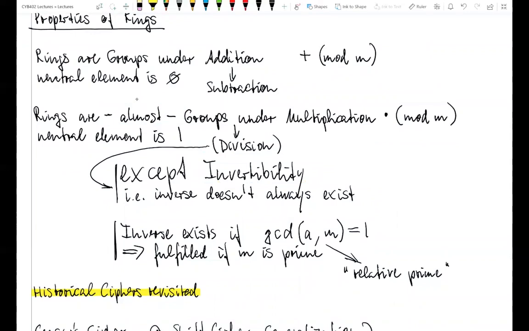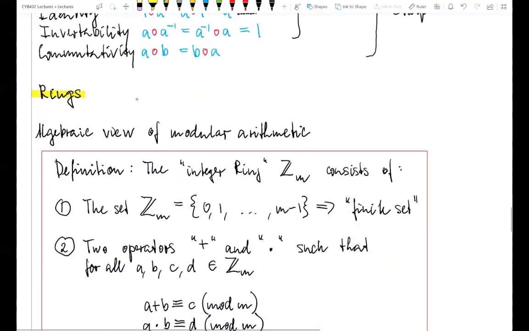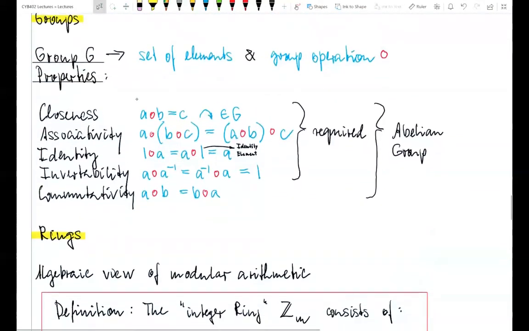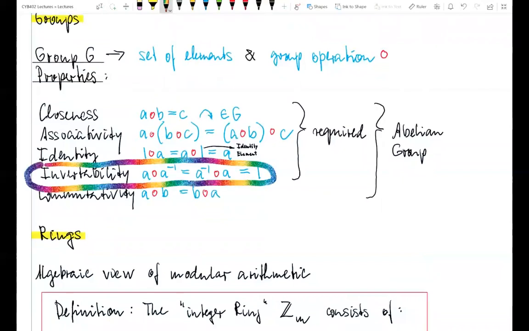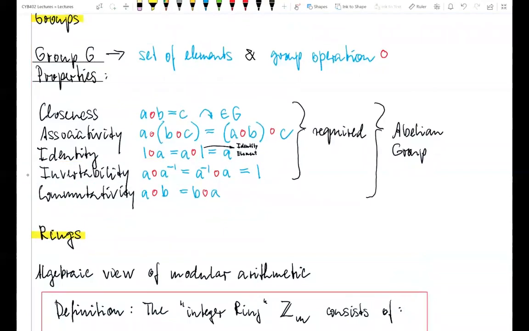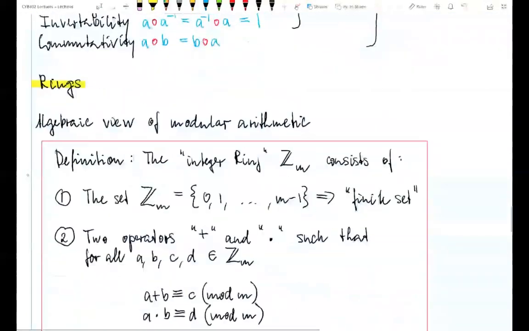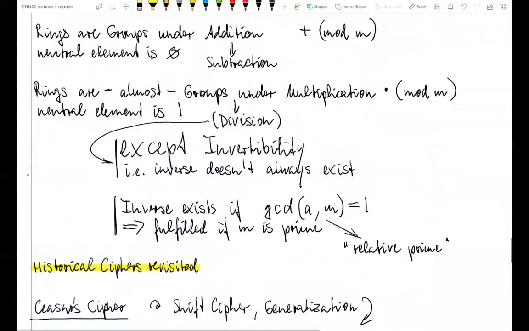And this is because one of these conditions, remember, not every element in this ring has an inverse under multiplication. So you can check that for yourself.